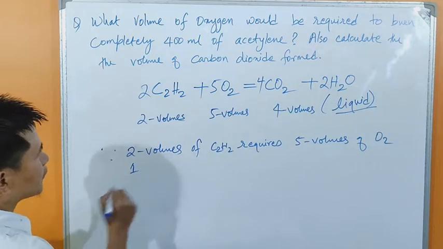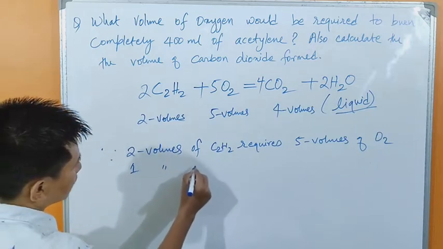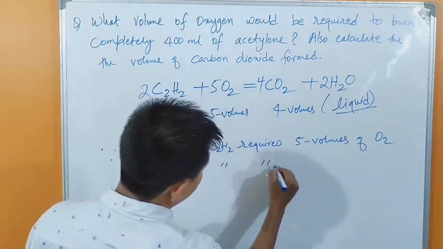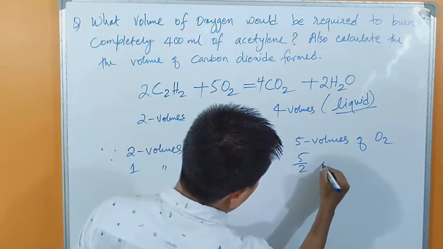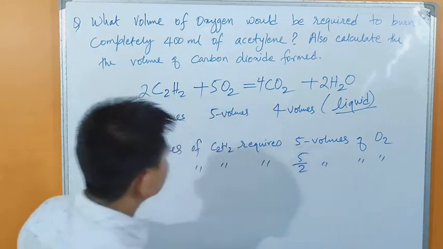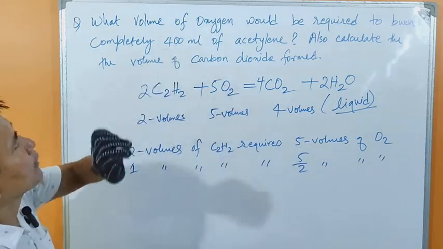Got this? So apply unitary method. 1 volume of acetylene requires 5 upon 2 volumes of O2, isn't it? So we have 400 ml.